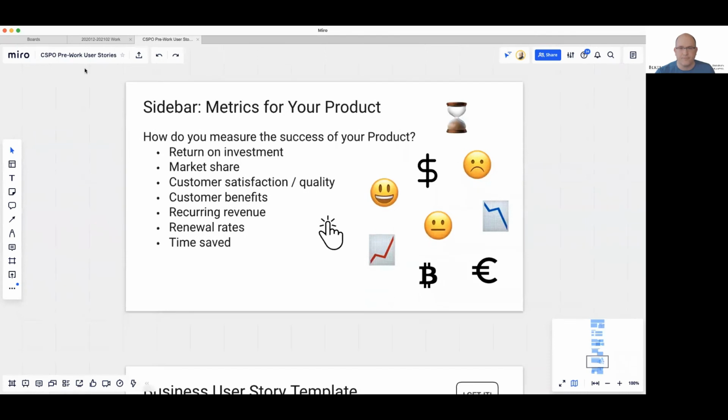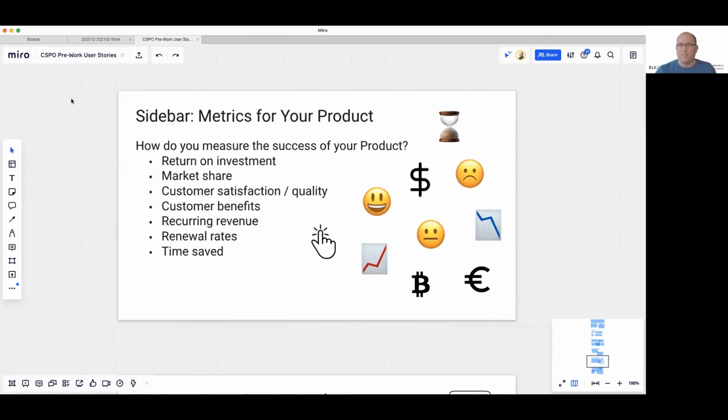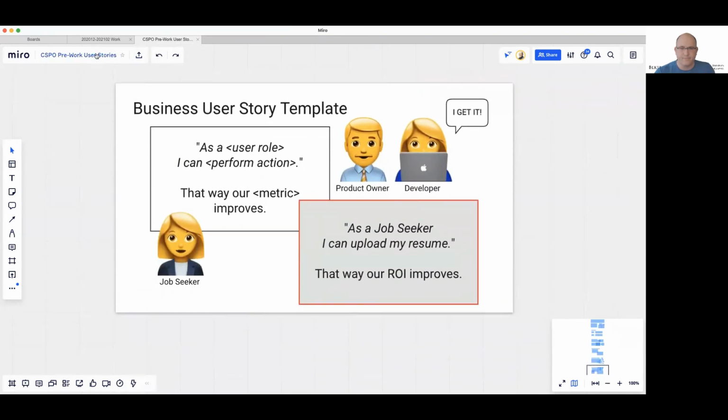When you're looking at your product and measuring success for your product, what you're mostly concerned about are things like money, competition, and users or customers. And so return on investment, market share, customer satisfaction. You can also sometimes measure success by the benefits that a customer receives if you can measure those. So sometimes, for example, maybe you're building a system that saves users time, and you can actually measure how much time they're saving. So that might be an indicator of product success as well.